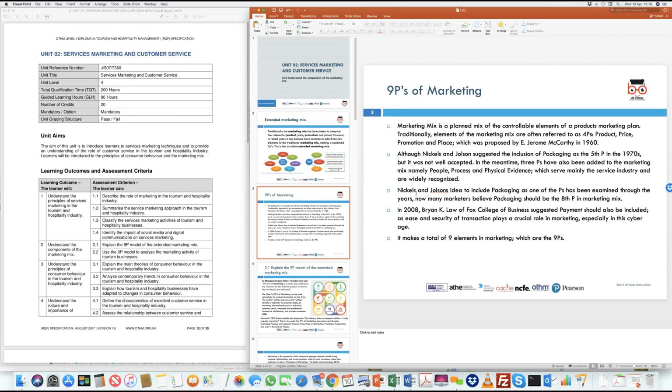An example I would give you very briefly right now is booking hotels. You consider stars: 1 star, 2 star, 3 star, 4 star, and 7 star. What these three Ps help to do is, when you look at physical evidence, you're looking at staying in a very good hotel which has certain facilities.